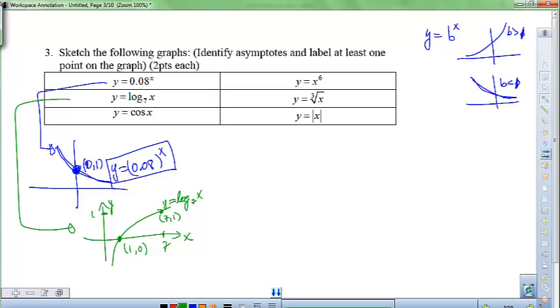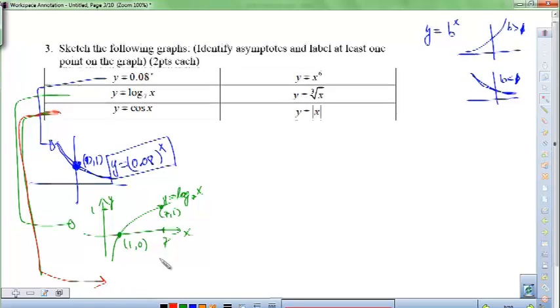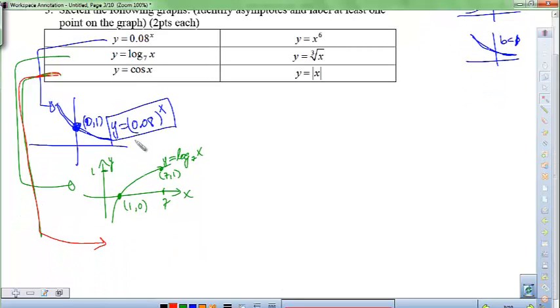Okay, now let's squeeze in the cosine function. Let's use a different color for that. So the cosine function starts off at 1, and the sine starts at 0 and oscillates.